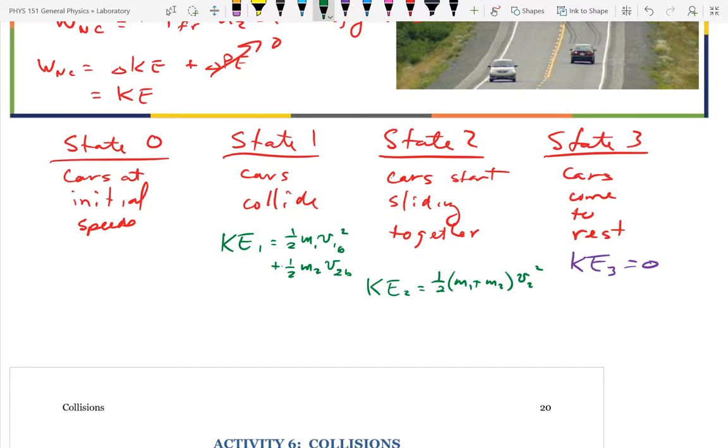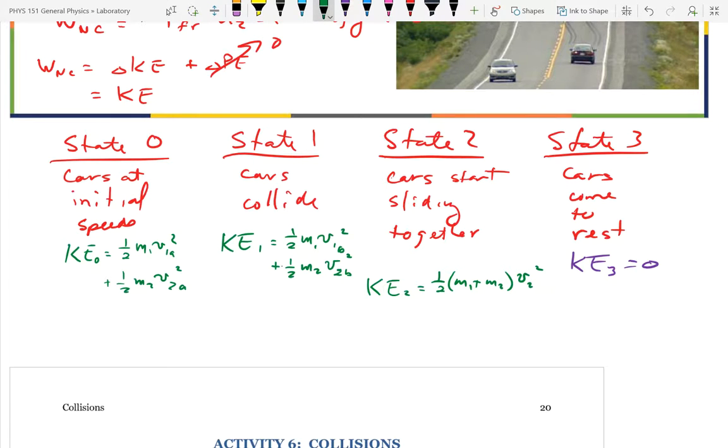So the 2 is car 2 and A is representing state 1 here. So I have the 2 cars at different speeds. Kinetic energy initial is 1/2 M1 V1A squared plus 1/2 M2 V2A squared. Okay, so those are my kinetic energy terms for each state.